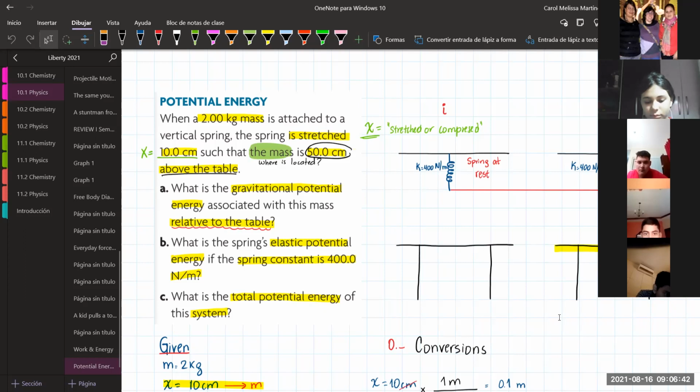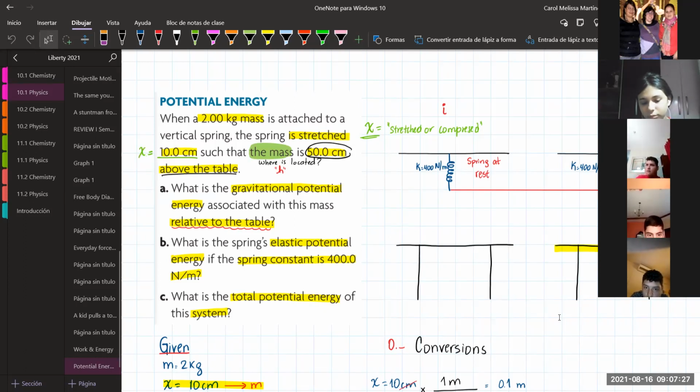So the answer to the question where is it located is H. And the answer to the question how much is it stretched or compressed is going to be X. X is relative to the elasticity. So those two words are going to be implicit. Stretch or compress gives you X, and the other value, the one related to position or location, is going to be H. I don't know if this answers your question.